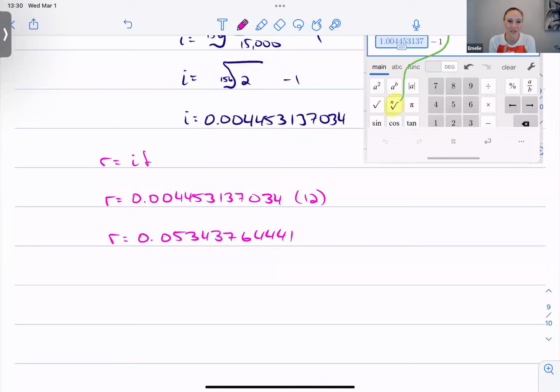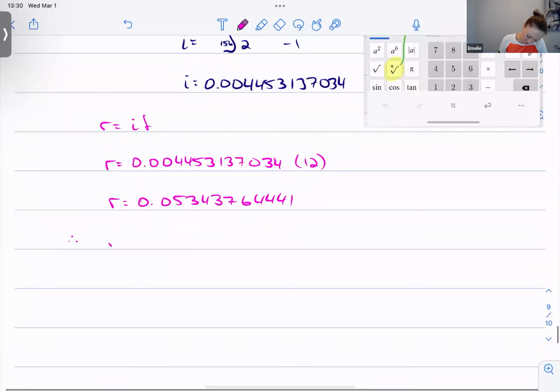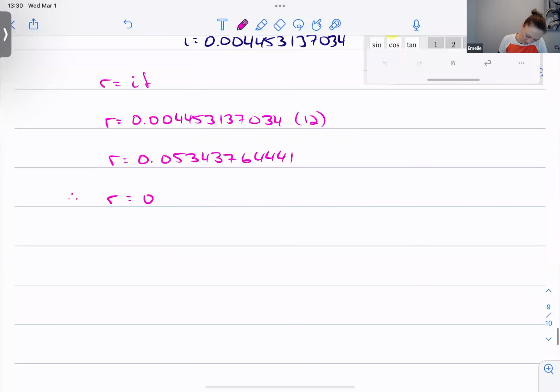Now I can round this, right? And always just make sure that it's a reasonable number. 5%, yeah, sounds reasonable. And so therefore, the nominal rate is 0.0534 or 5.34%.